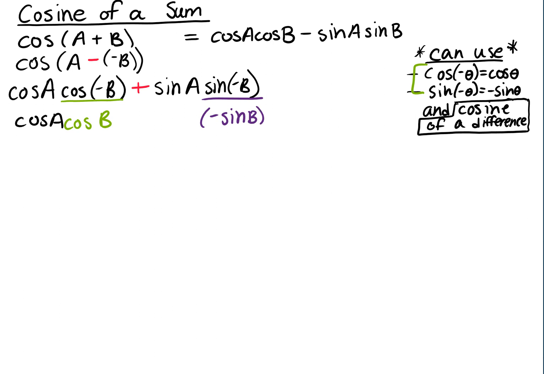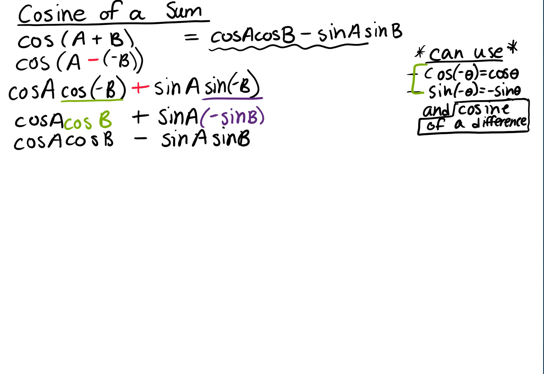Now notice I use parentheses because it's being multiplied by sine A, so I don't want it to look like I'm subtracting yet. And then we'll just pull that negative sign out into the front. So minus sine A, sine B, which does give us what we have on the other side, right here. So I've completed that proof.